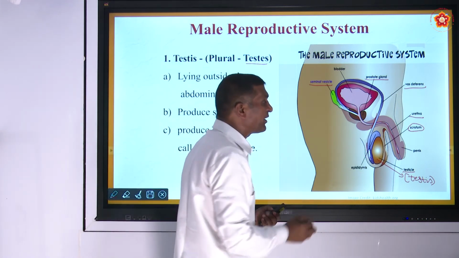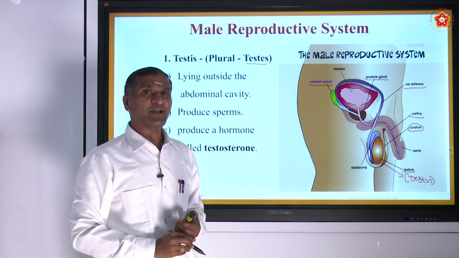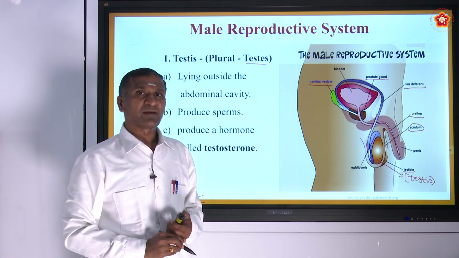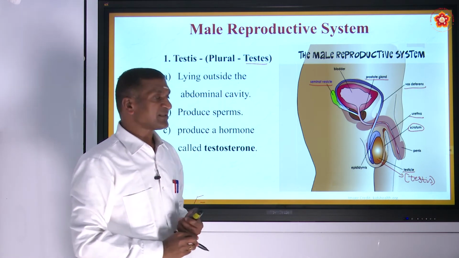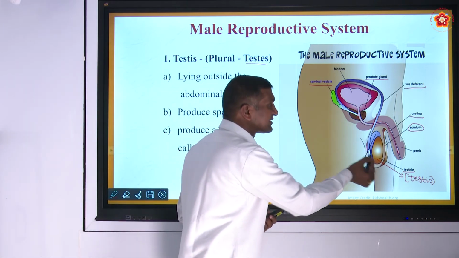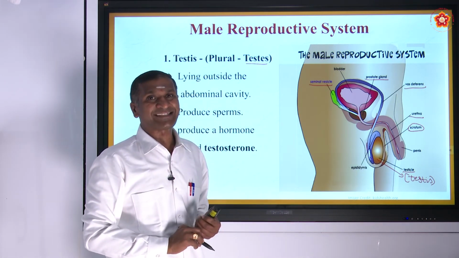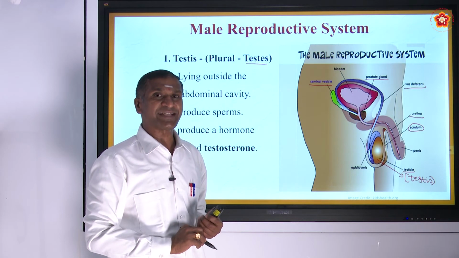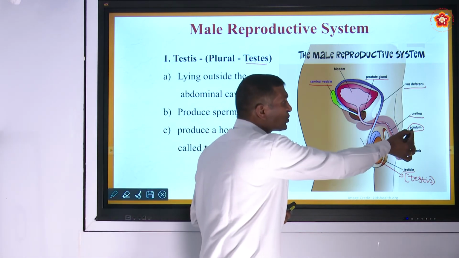Here you should remember the male reproductive system in human beings has a pair of testes, singular testis, which is covered with the scrotum.